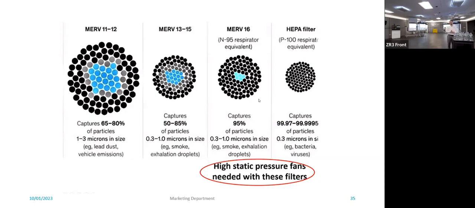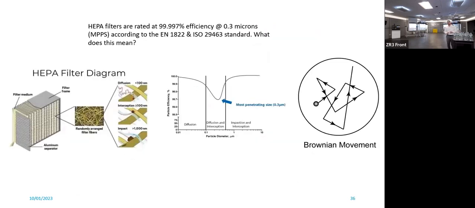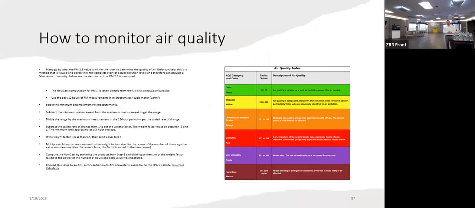Same applies with HEPA filters. So it does not stop at 0.3. It's extremely efficient at 0.2, 0.1, and even smaller. I have a study from NASA to explain that, and again, further citations. I talked about diffusion and impaction or interception. That's actually where that 0.3 meets, and that's why we certify HEPA filters at that level.